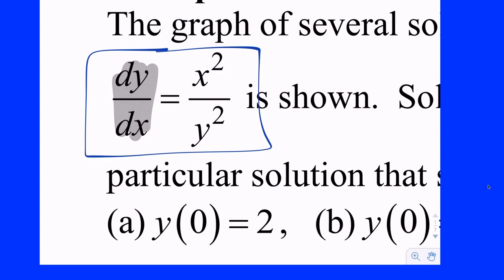Now notice what's different about it immediately. It's dy dx equals, and on the right-hand side, we have what? We have an x squared and a y squared. And we haven't seen any differential equations yet that had both x's and y's on that side. But this one does.